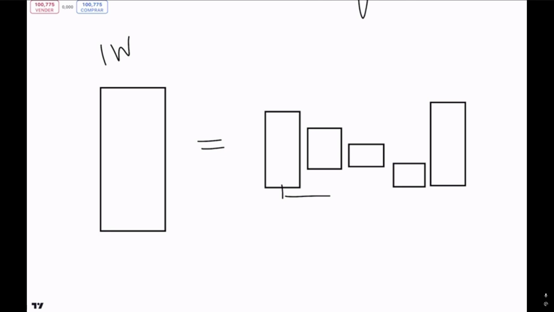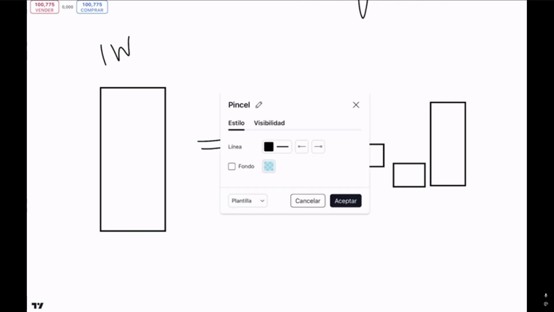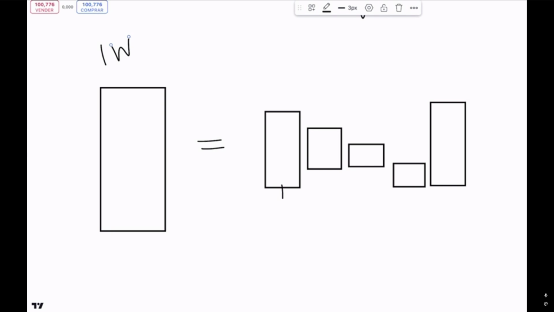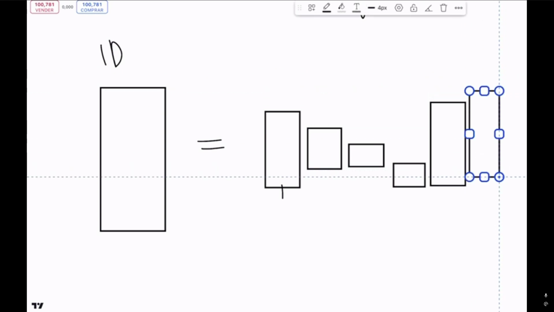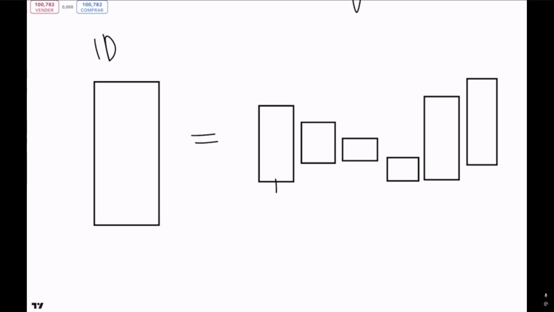This is a 1 day candle right here. Daily candle, which is basically 6 4-hour candles. Right? 159, 159.